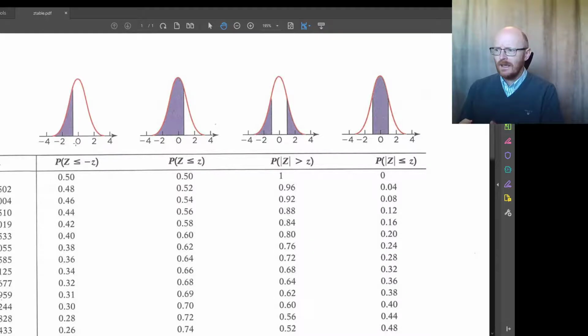And this curve is in this table, it's normalized.